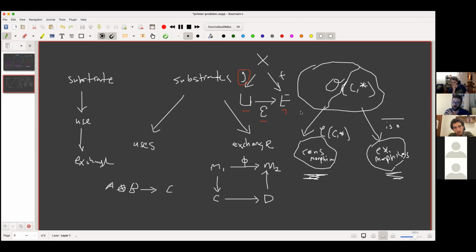The third one is the cheapest one, but it's the one that I'm having a hard time not thinking has some merit. It is to say, ultimately, isn't use about parts and exchange about wholes? When I say I exchange A for B, I always say I exchange the whole of A for the whole of B. But when I'm consuming A, I'm consuming the parts of A, right?